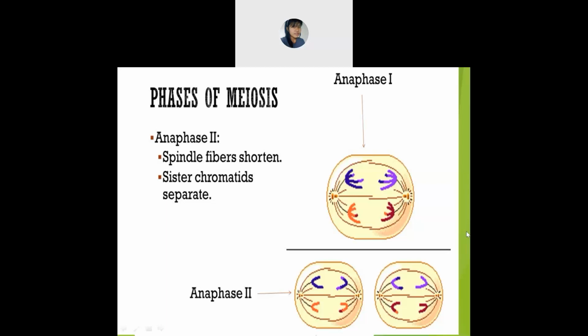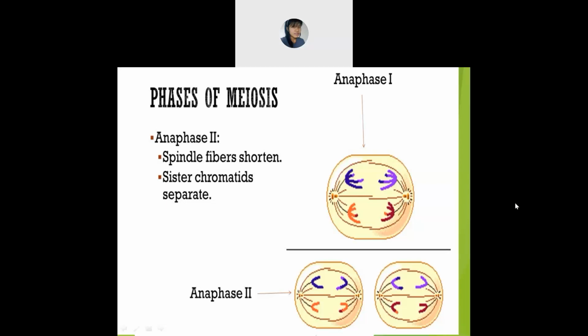To get to the opposite poles. Yes, okay, to get to the opposite poles. What is the main function? Division, or separation, in order to get two cells, from one cell to two cells. Isn't it, Carly? Yes, ma'am. So that's why they want to separate by any means.